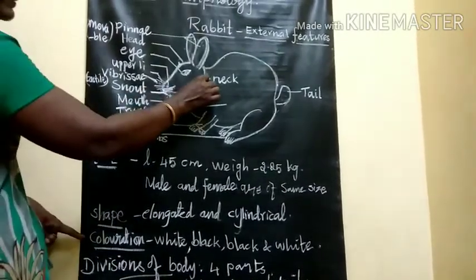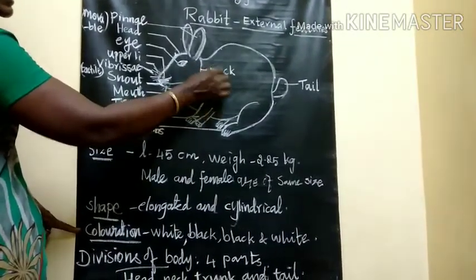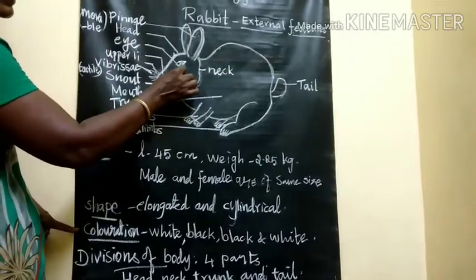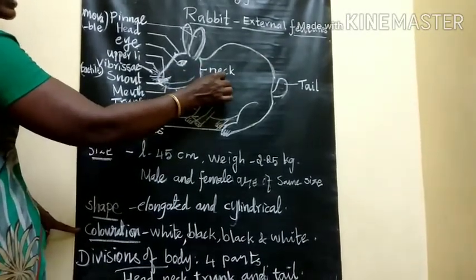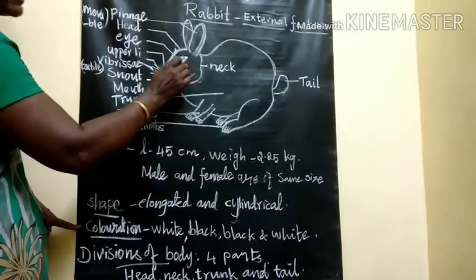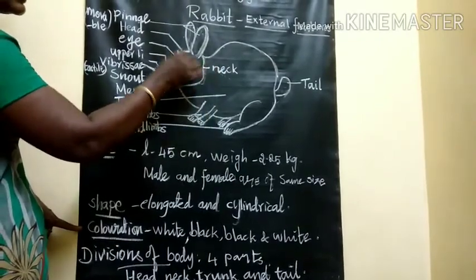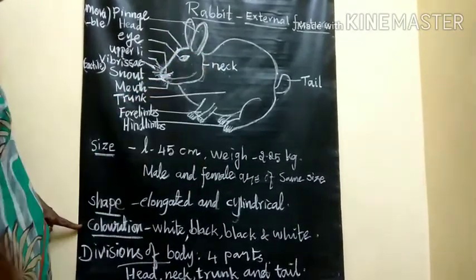And neck region. What is the role of neck? Where is it located? The neck is located in between the head and the trunk. It connects the head with the trunk, and it also helps to turn the head.